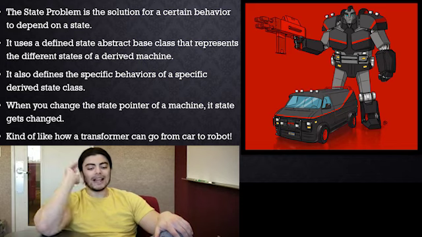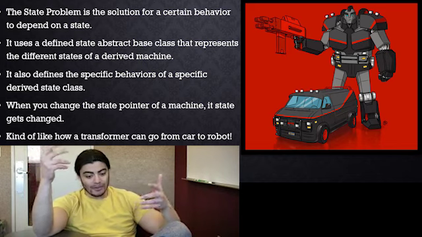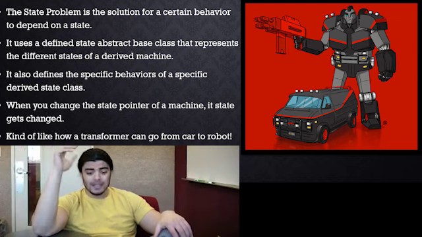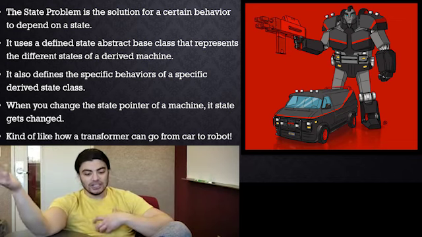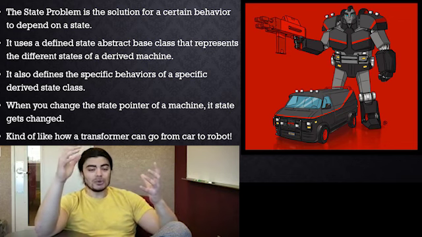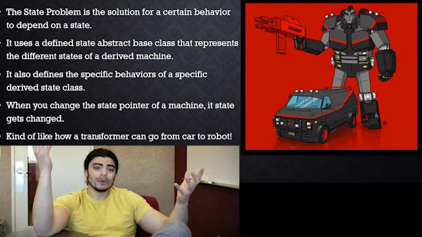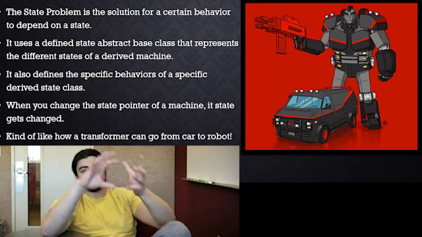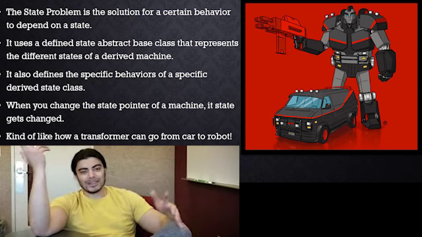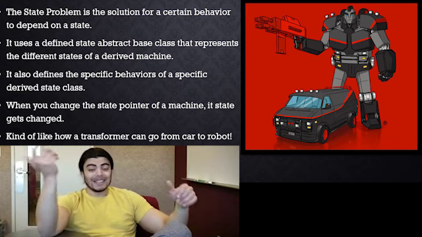It also defines the specific behavior of a specific derived class. When you change the state pointer of a machine, it gets changed, sort of like a transformer can change from a car or a van into a robot, you know? Pretty cool concept, but that's kind of what it is here.